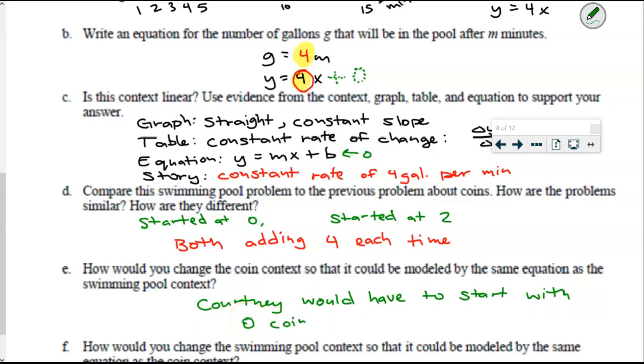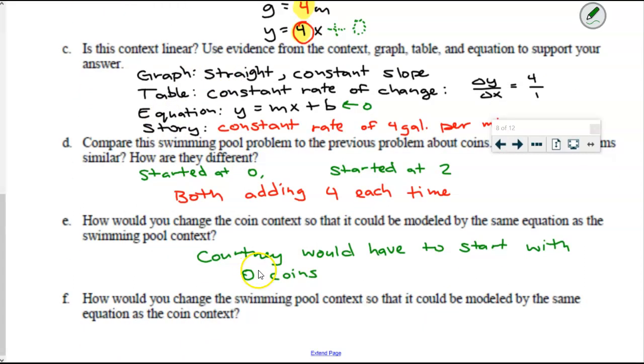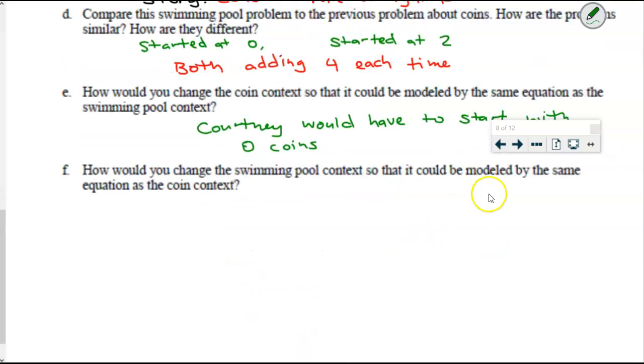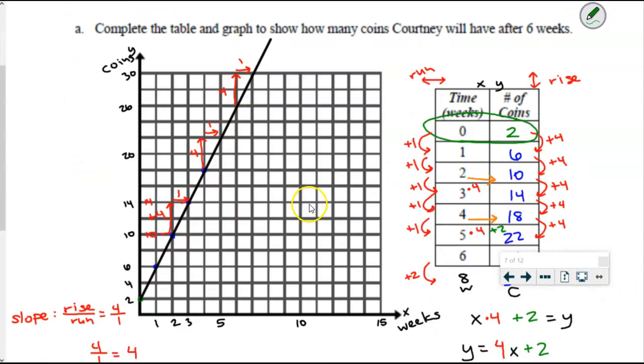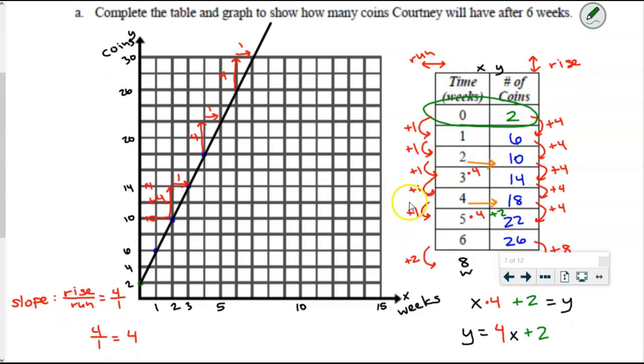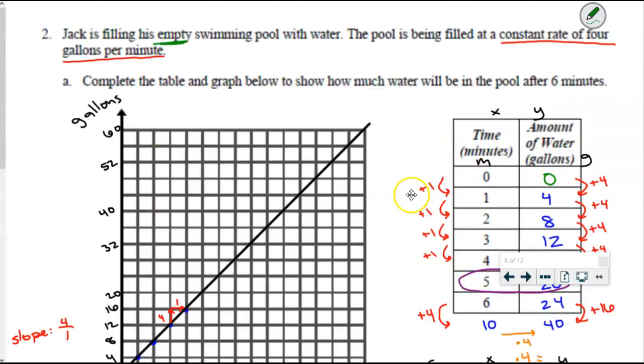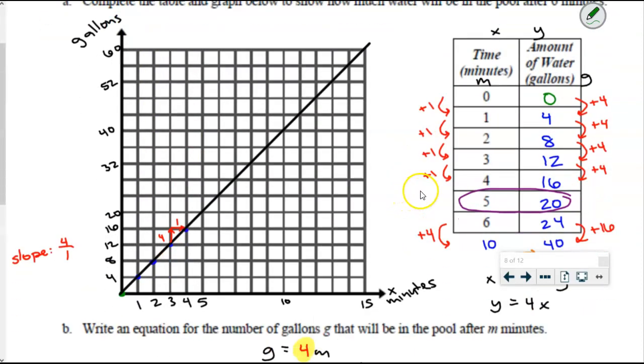Okay, similar question. What if I'm going to change the swimming story? So I'm going to change the swimming story because I want it to match this table and this graph. What change do I need to make to that story? Michael. Yeah, he starts with 2 gallons in his pool.